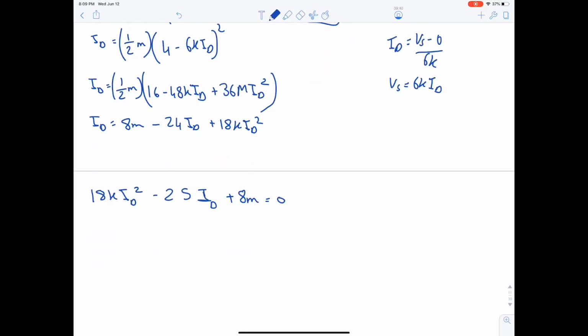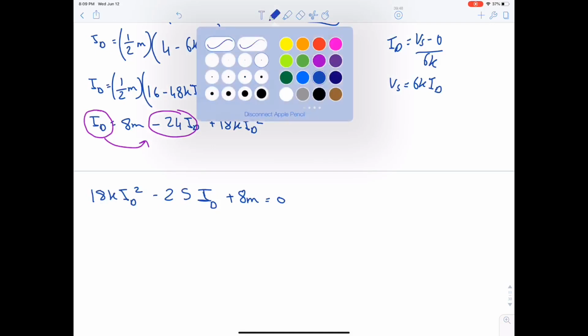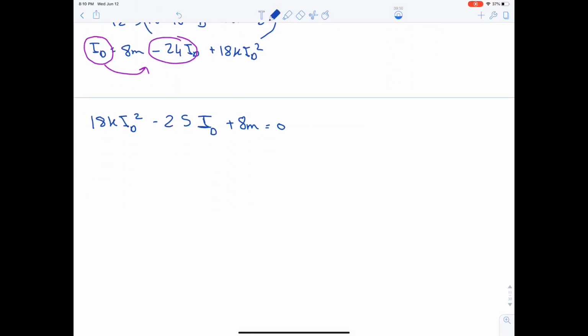Now if you are wondering why it is 25, it's because minus 24 minus 1. Okay. Next, using the calculator, if you solve the quadratic equation, you will get 0.89 milliampere and 0.5 milliampere.